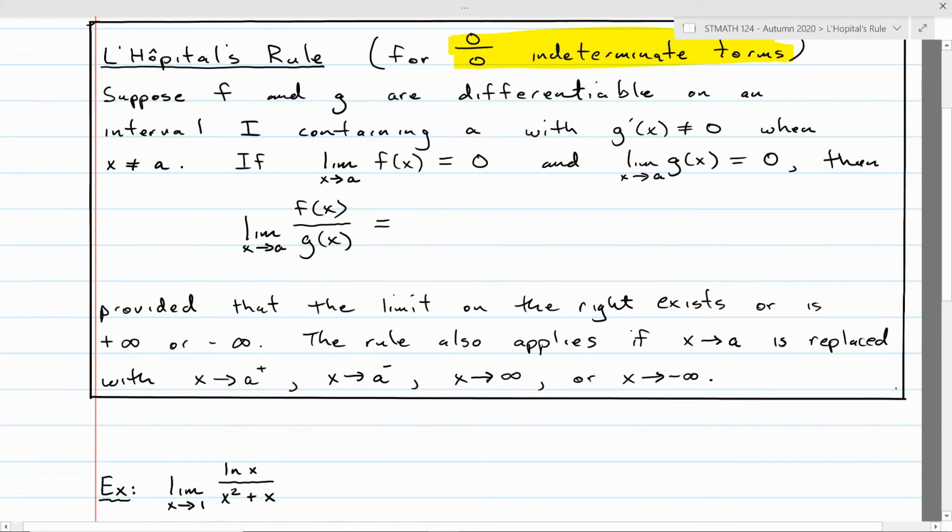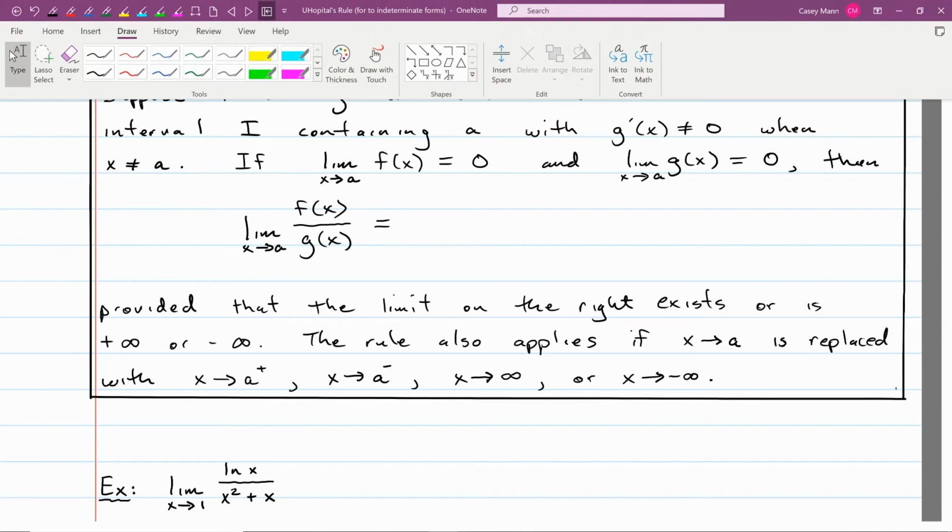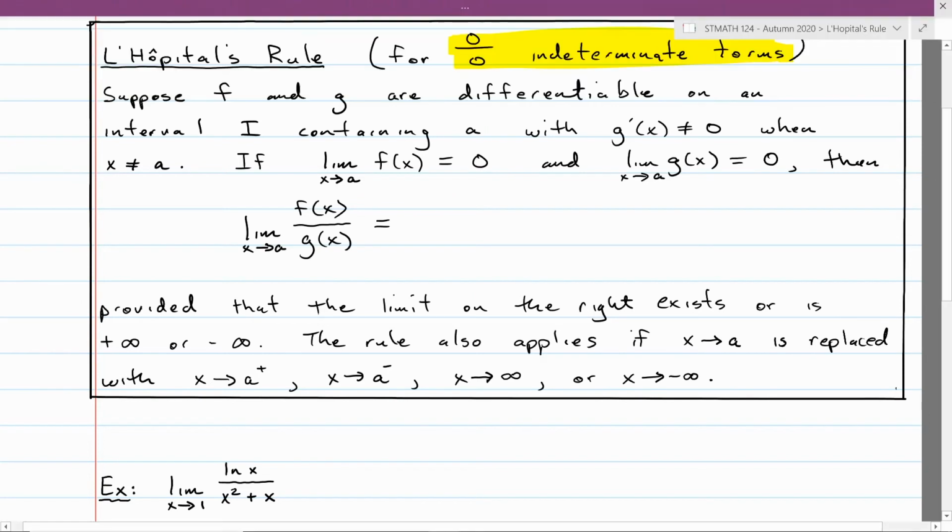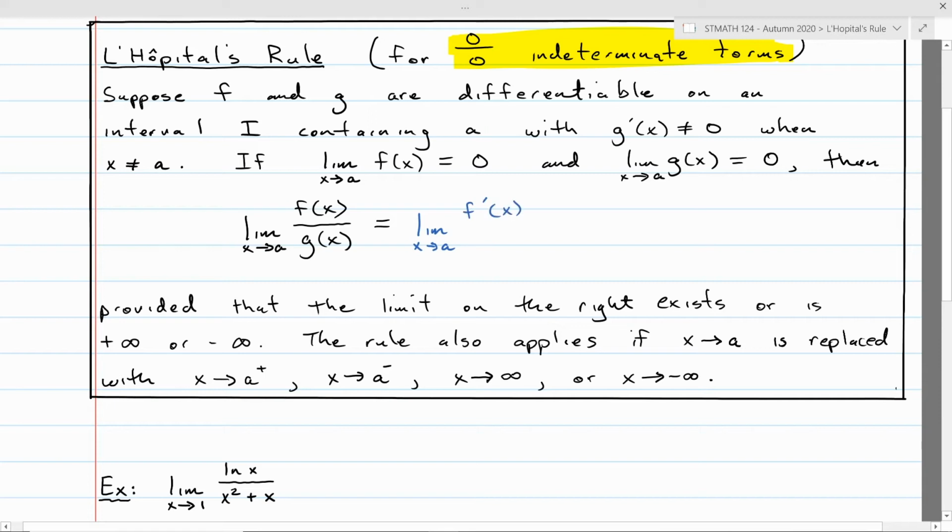And so if the limit of f and the limit of g are both equal to 0 as x approaches a, then if you want to take the limit as x approaches a of f of x over g of x, since the limit of f and the limit of g are both 0, this is 0 over 0 form, it turns out that this will be equal to the limit as x approaches a of f prime of x over g prime of x.